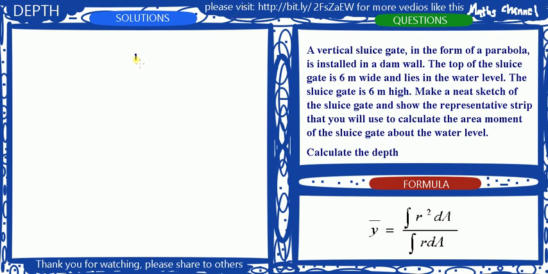Drawing the Cartesian plane. And then you have to draw, because they told us that it's a parabola, so you draw something like a parabola. You are drawing a parabola.